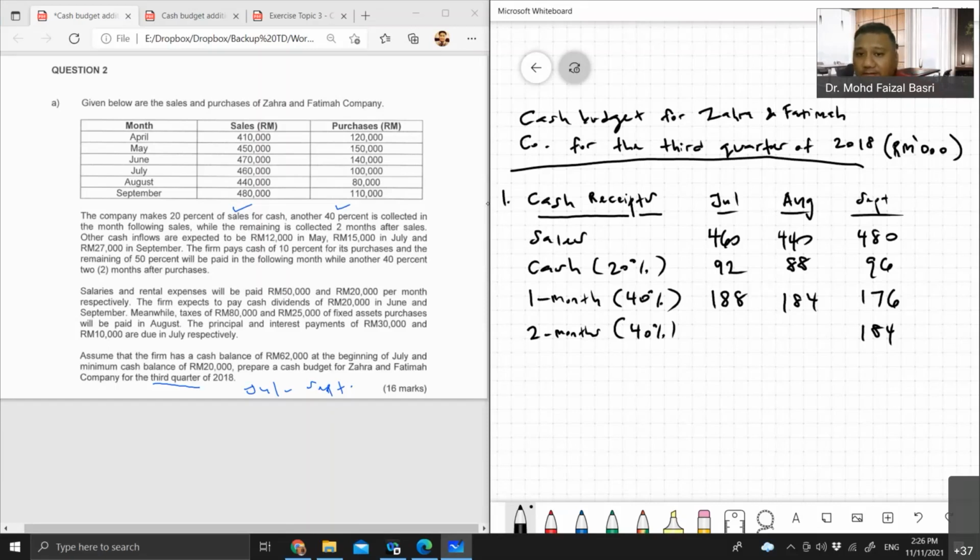The first portion of the credit you receive in July, so the second payment, or actually the third payment, you're going to receive in August, 188,000. And for July, 2 months before July would be May. May is 450, and 40% of 450 is 180,000. And that completes our cash collection of sales. So the third part we have settled.